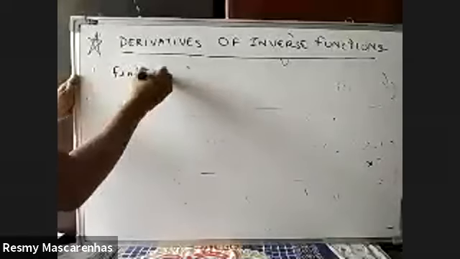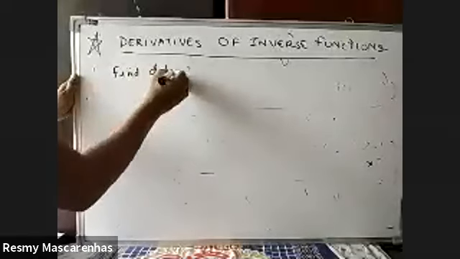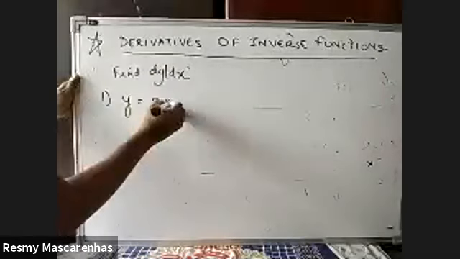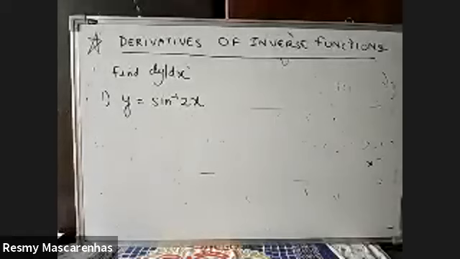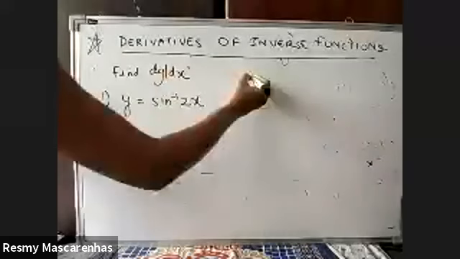Find dy by dx. Sine inverse 2x. So we have to find the derivative of sine inverse of 2x. So refer to the formula now.